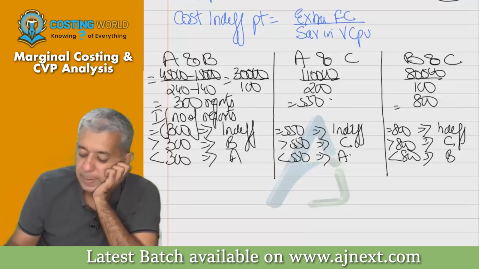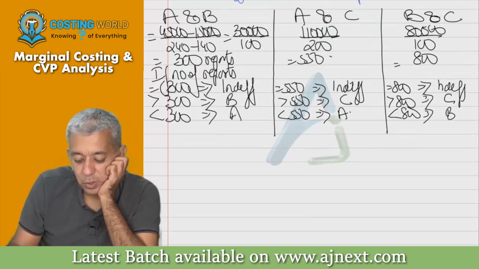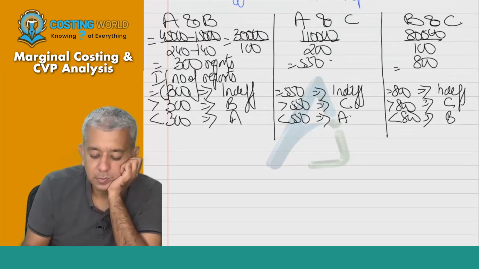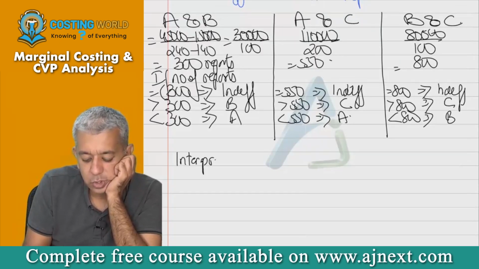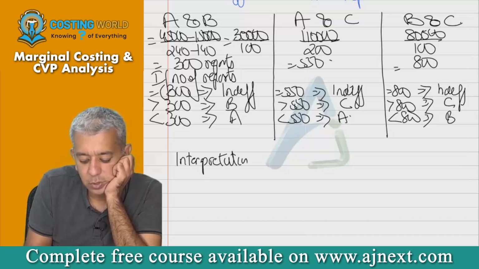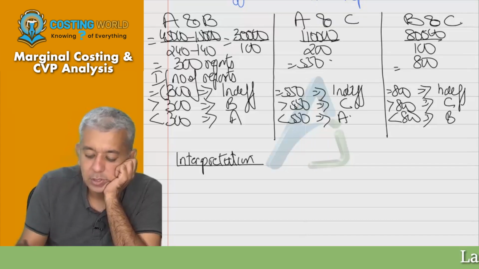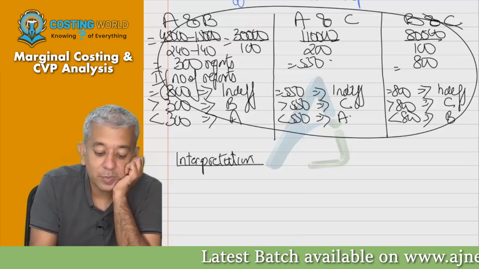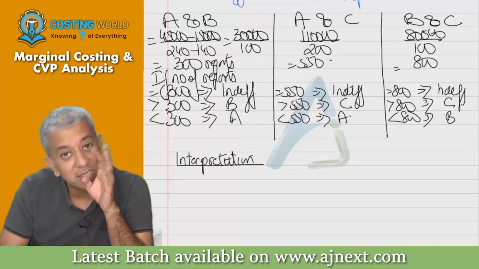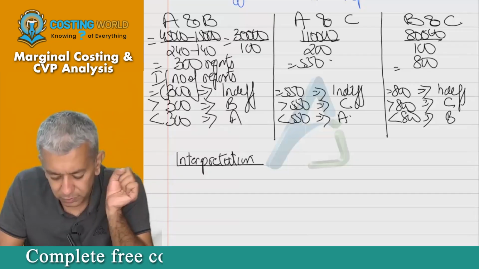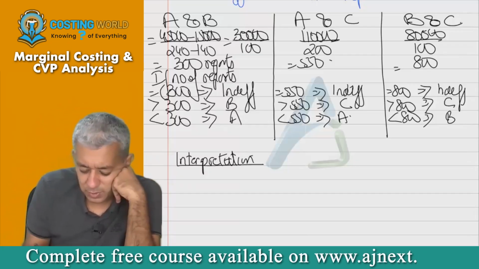Now listen to me very carefully. The last question and this question are different only because there are 3 options. Almost the same type of question we are going to have as a starting question in CA Final, with different numbers, but more or less the concept is this one.